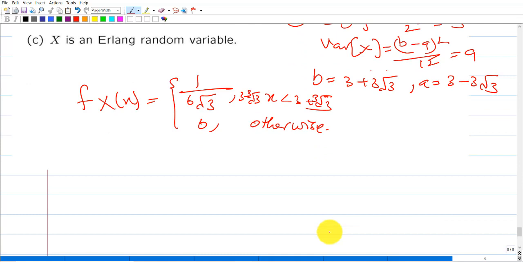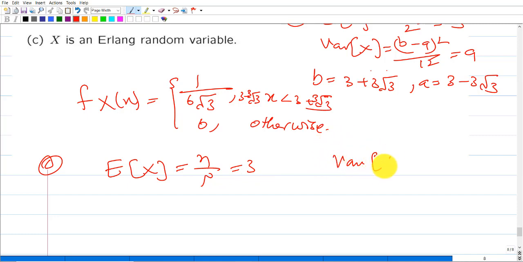Similarly, part C says that x is Erlang. For Erlang, the expected value of x is defined as n over lambda, which is 3, and the variance of x is defined as n over lambda squared, which is 9.